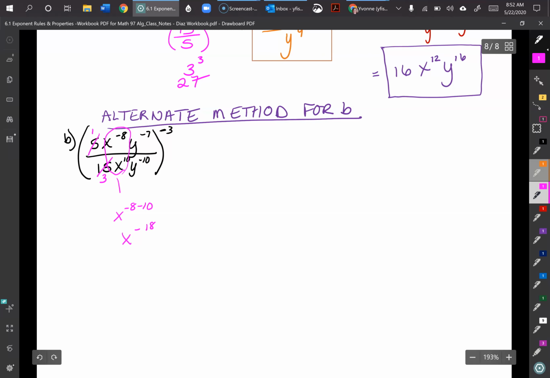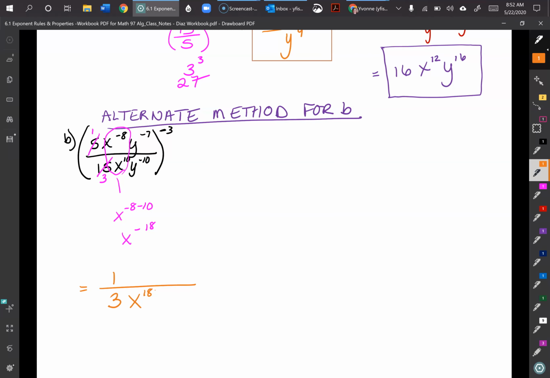So I'm going to start tracking this here. So 1 over 3. X to the -18 would make it be down here. Oops, except I have to change the sign.